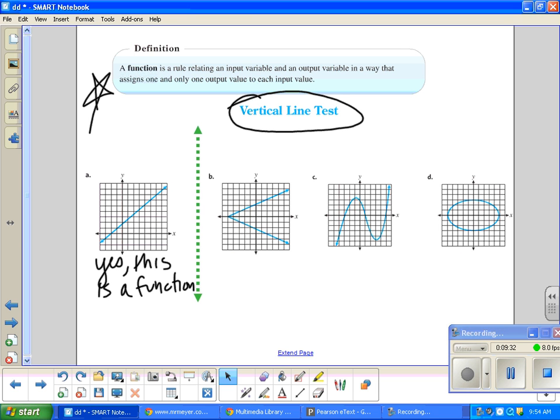I'm taking my vertical line again for B, and I'm noticing that as soon as I get past that point where they intersect, now I have two spots where the relationship intercepts my vertical line, and so I'm going to say that no, this is not a function.